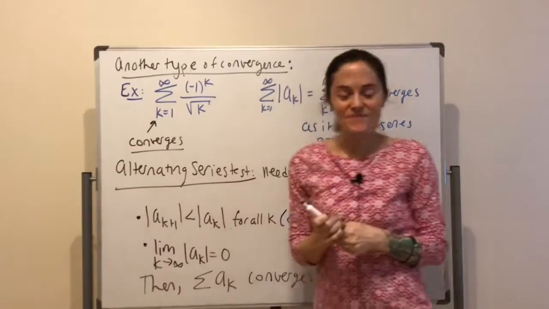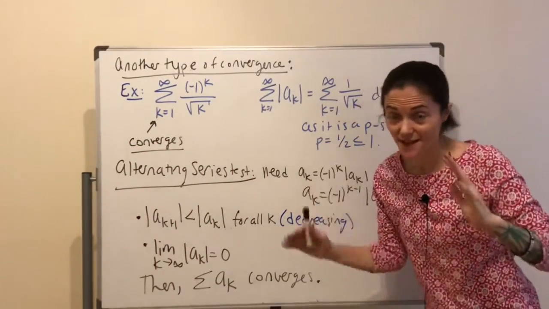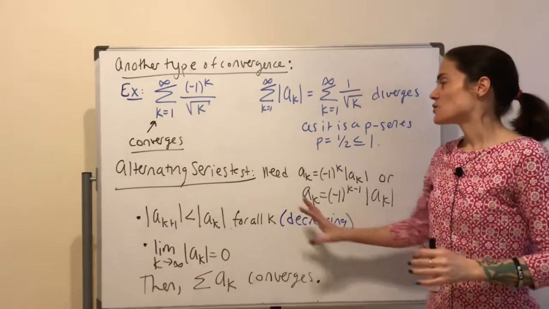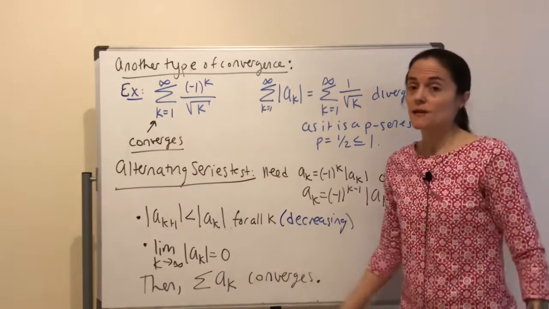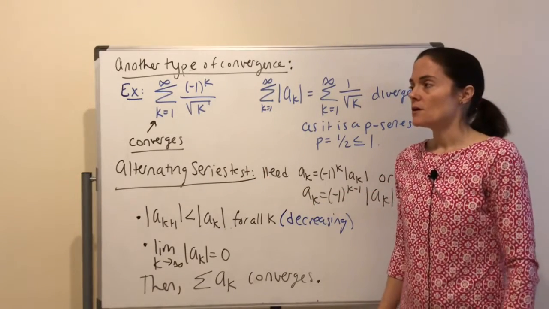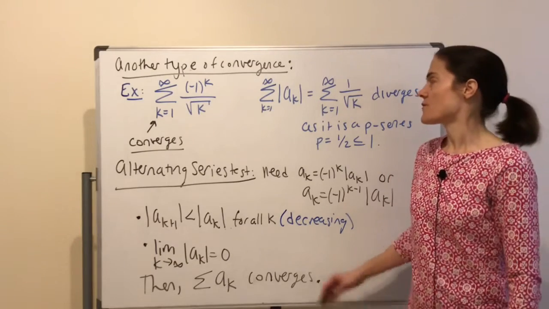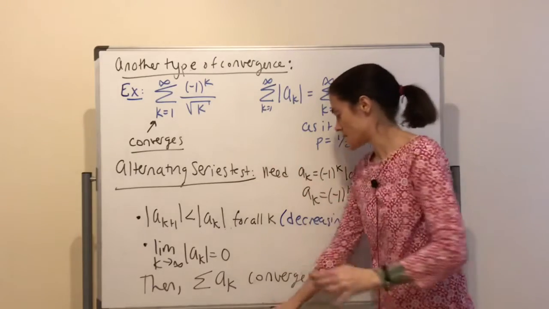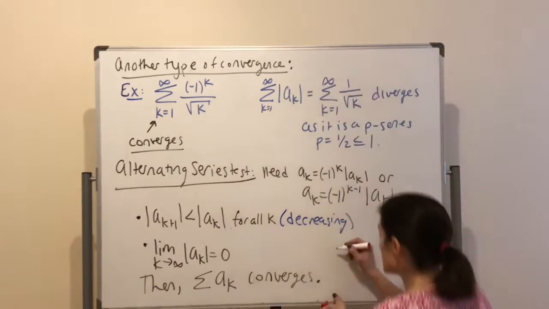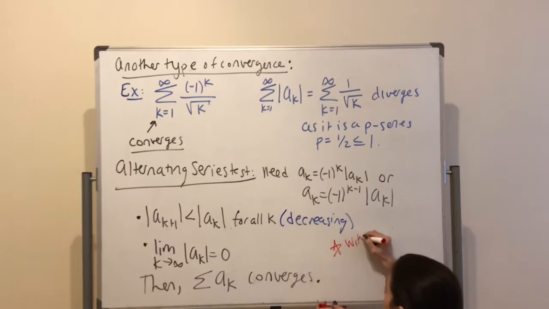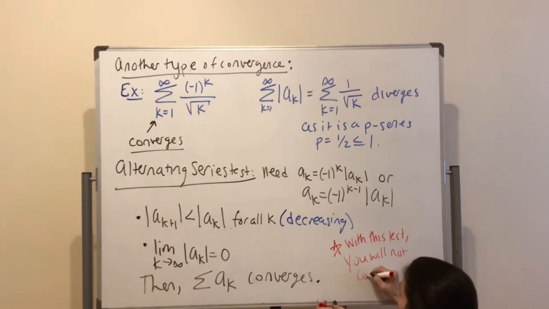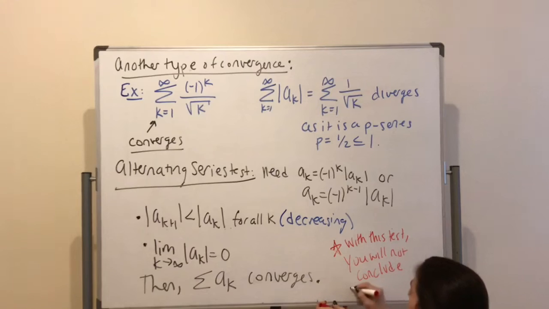Now, if you have looked at that sheet I gave you with all the series and all the tests, I told you be careful with this because it does not distinguish which type of convergence you have. So for example, you will never conclude absolute convergence with this test. Maybe I'll put that in stars. With this test, you will not conclude absolute convergence.